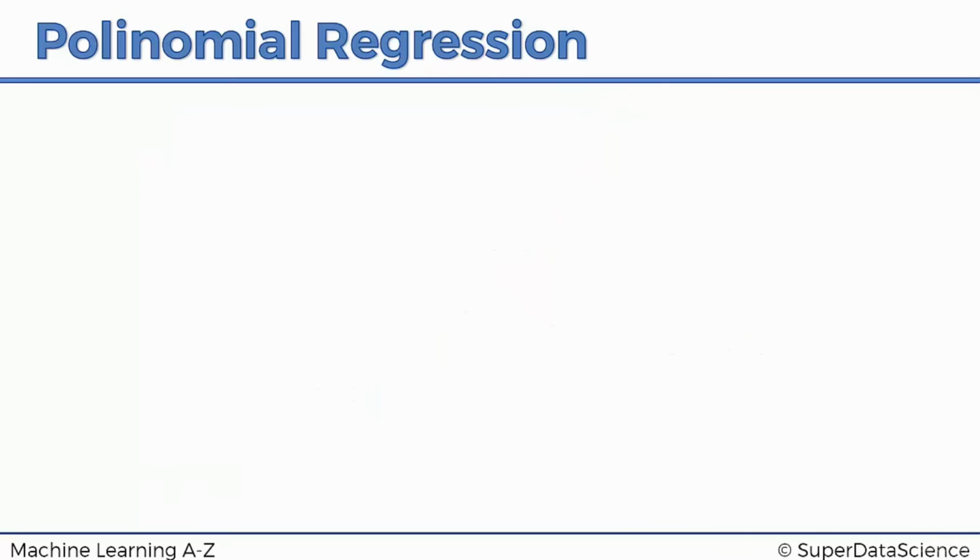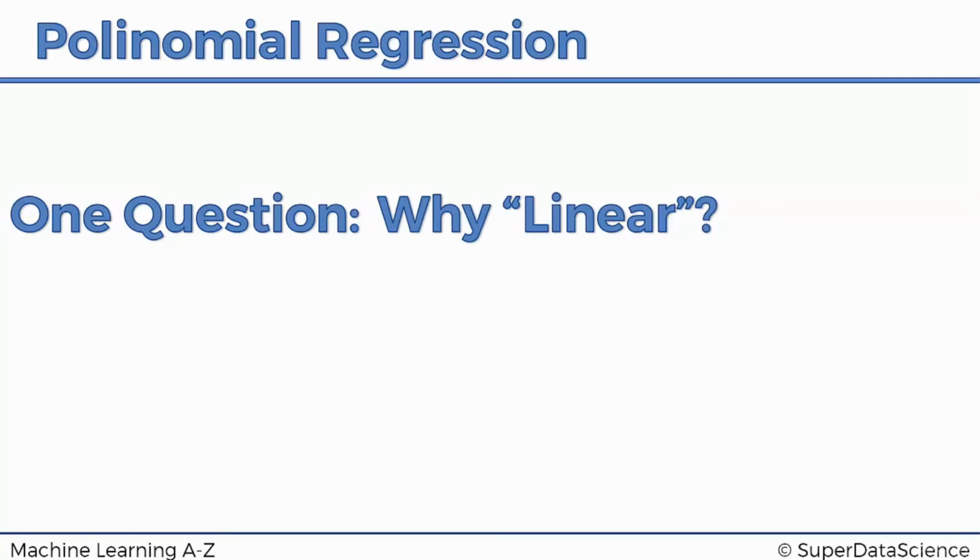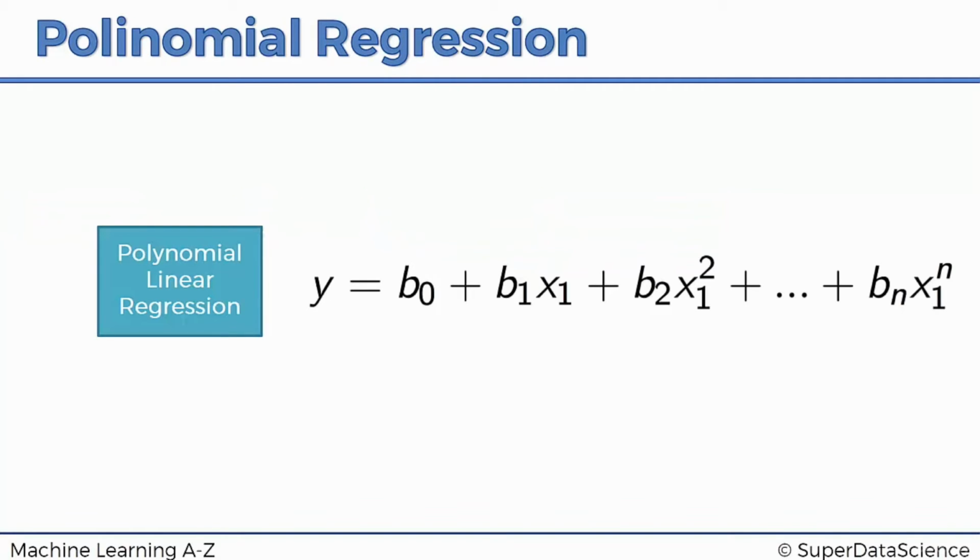And we have one final question left. The question is, why is it still called linear? We saw those different powers: squared, cubed, to the power of n, and so on. Why is it still called linear? I'll show you what I mean. If you look on the left here, it says polynomial linear regression. So why is it still called a linear regression if it's a polynomial regression?